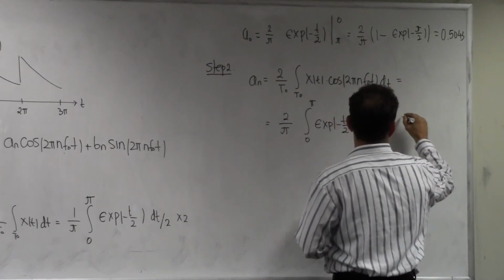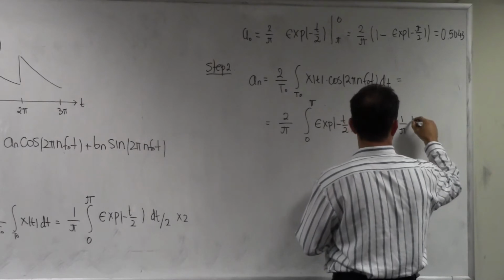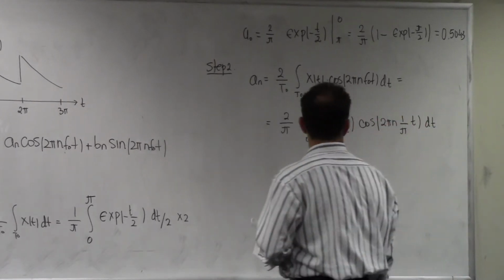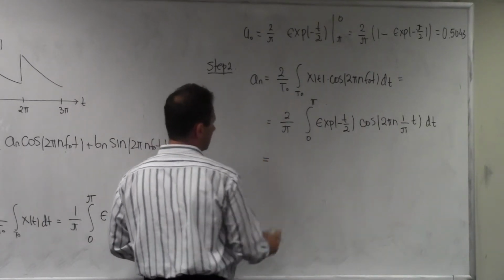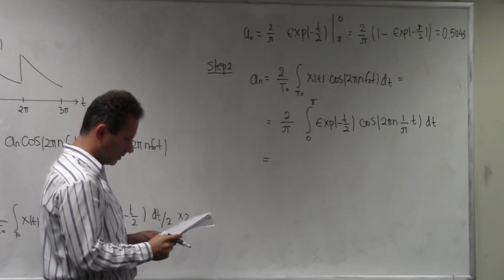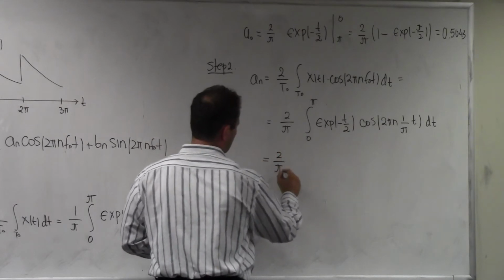Instead of f0, I'm going to put 1 over pi, t dt. So that's what we need to calculate here. Now this is a little bit cumbersome, but I'll shorten it a little bit by giving you the result.